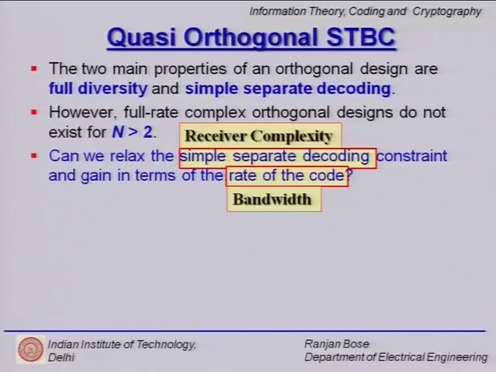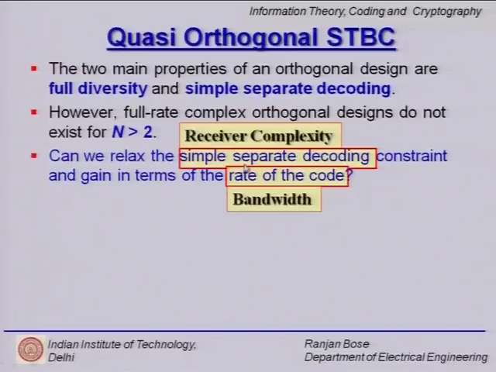These are the two requirements, and orthogonal codes so far were giving us the single symbol decoding, thereby reducing to the extent possible the receiver complexity, and at the same time giving us full rate. Or wherever full rate was not possible, for n equal to 2, we do not have full rate codes.